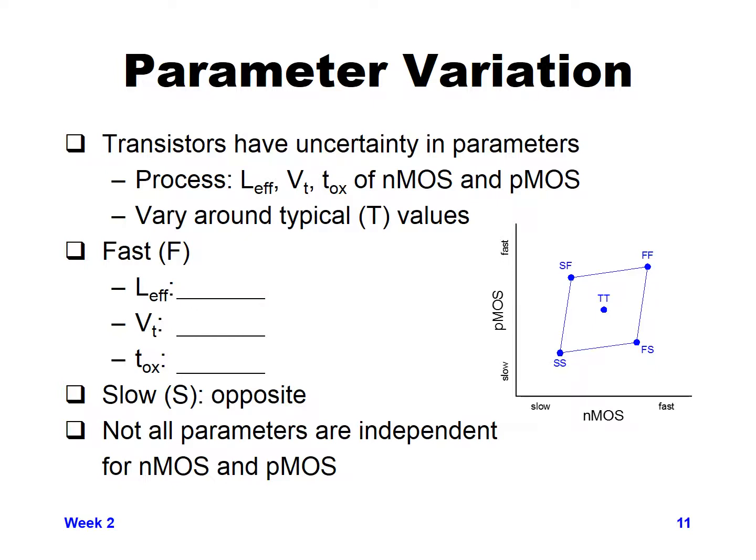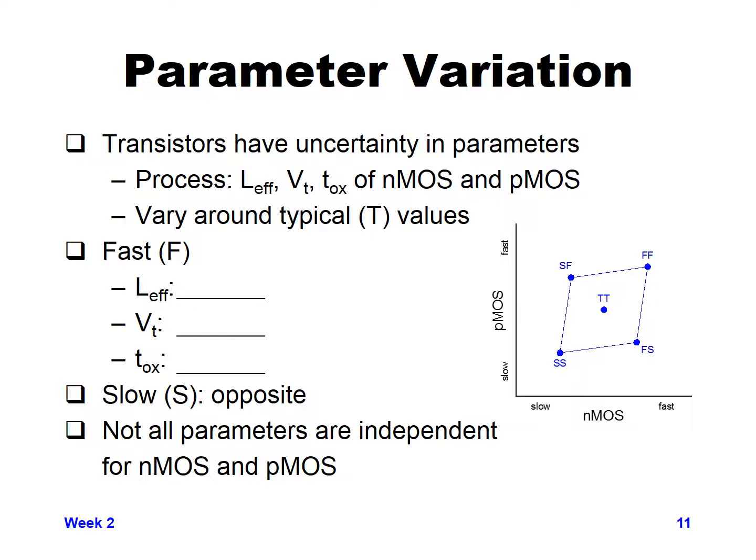Now these variations will typically vary around a typical value, and the reason why you could get some of these variations, if you think about it, I had mentioned in a previous presentation that oxide thickness in modern processes is down to the order of 10 to 20 atoms in thickness. So even one atom difference in one transistor versus another could cause a 5% change in your T-ox thickness effective.